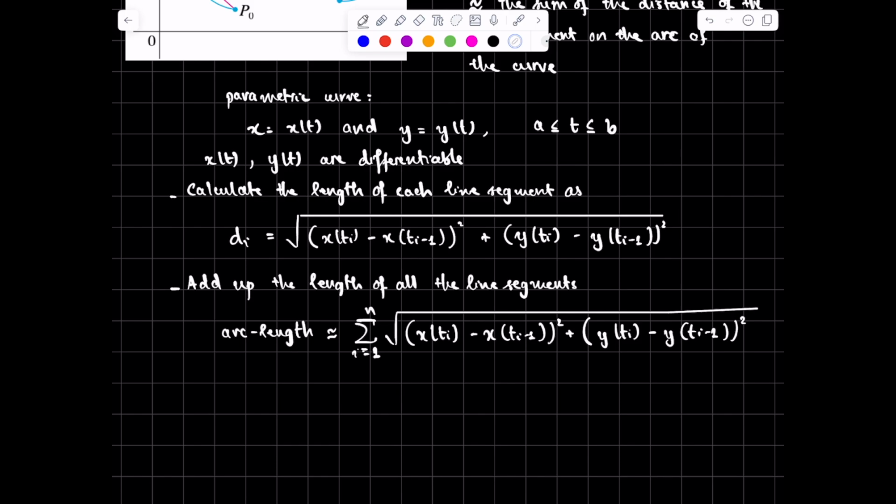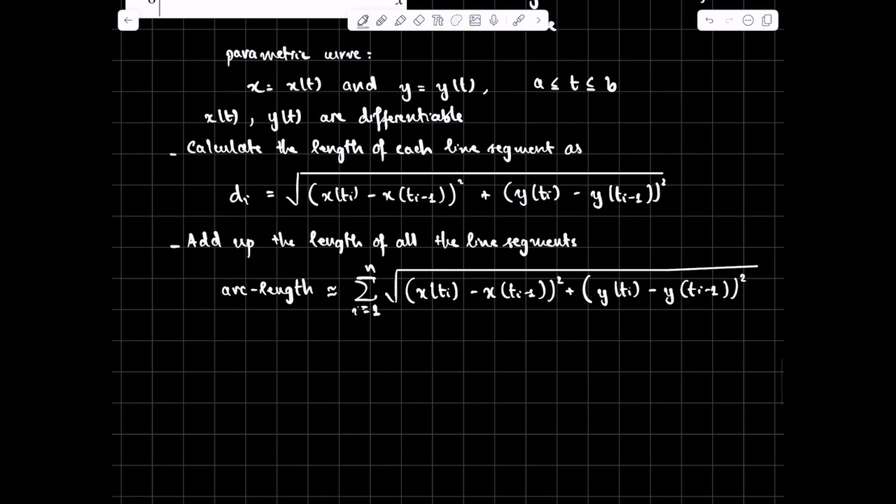Now you increase the number of sub-intervals you want to partition, or increase the number of line segments used in the approximation, to infinity. Doing this, you increase the accuracy of the arc length approximation. So to increase the accuracy of the approximation, we do this.